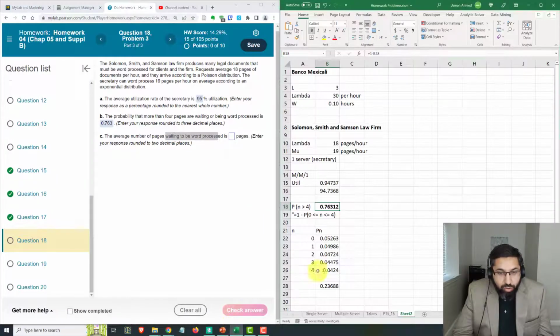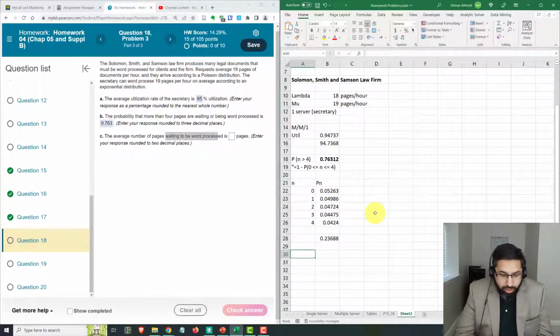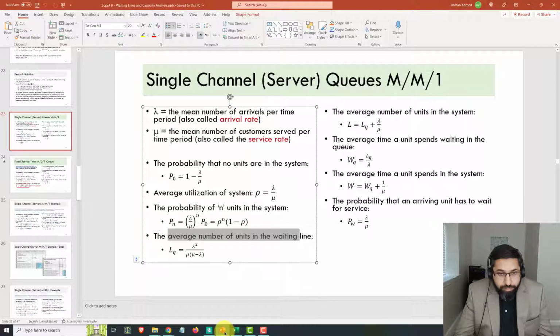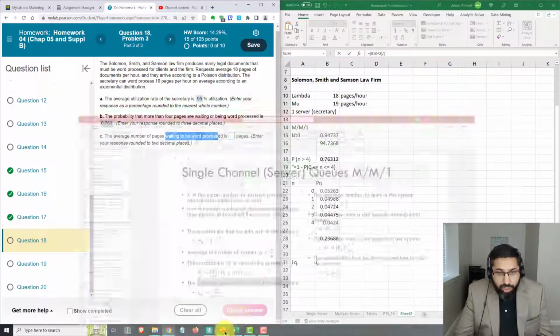Okay, so we can do this right here. LQ is going to equal, the top part is going to be lambda squared. So we take our lambda and we square it, and then we have to divide that by mu times mu minus lambda.